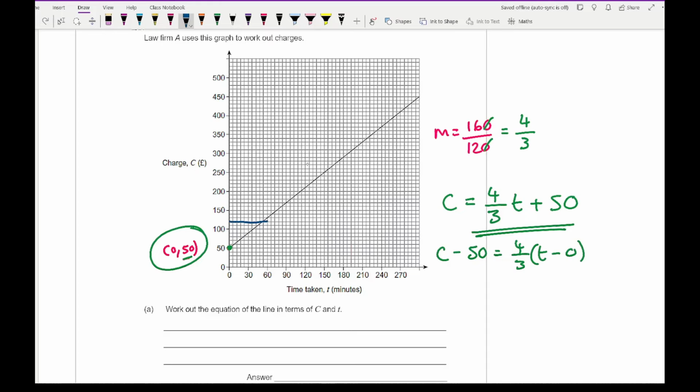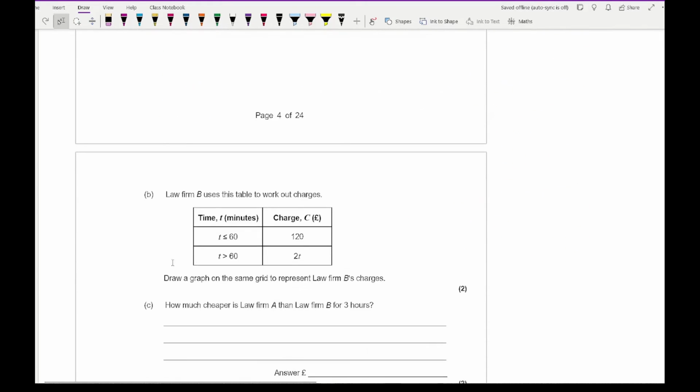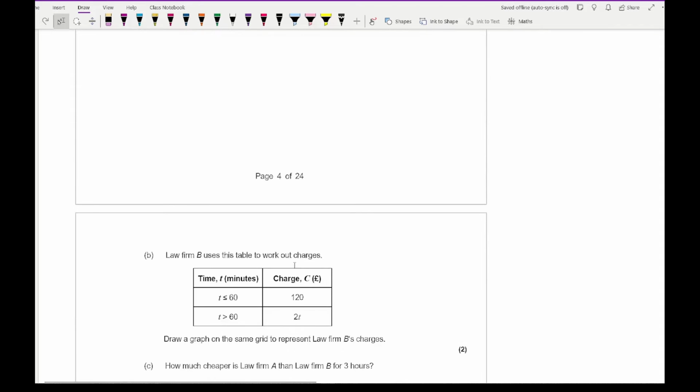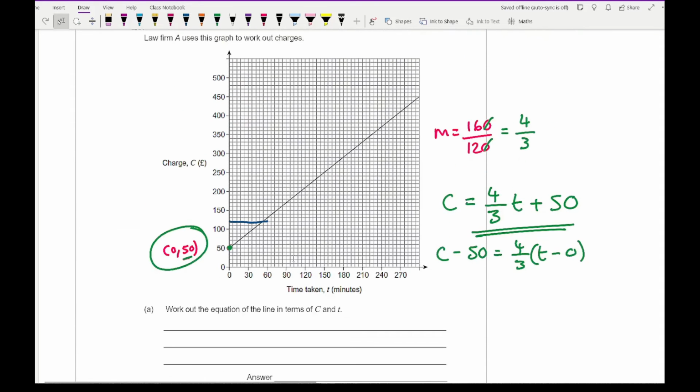Then it says that from after 60, it's using the equation of 2t. So again, at 60, it's going to be 120. And then if I pick another value, so let's go for 210, if I times that by 2, that's going to be 420.